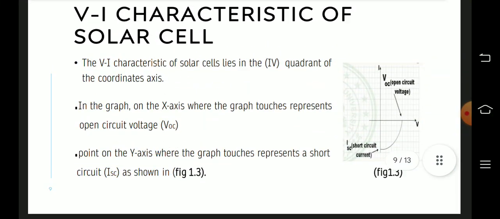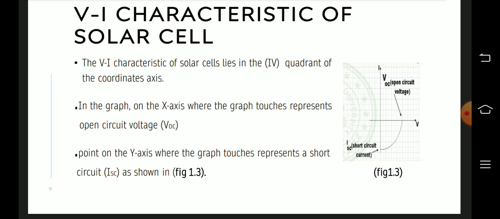And the graph will lie in the fourth quadrant. If we draw a rectangle of maximum area in the fourth quadrant, it will touch the x-axis and y-axis.